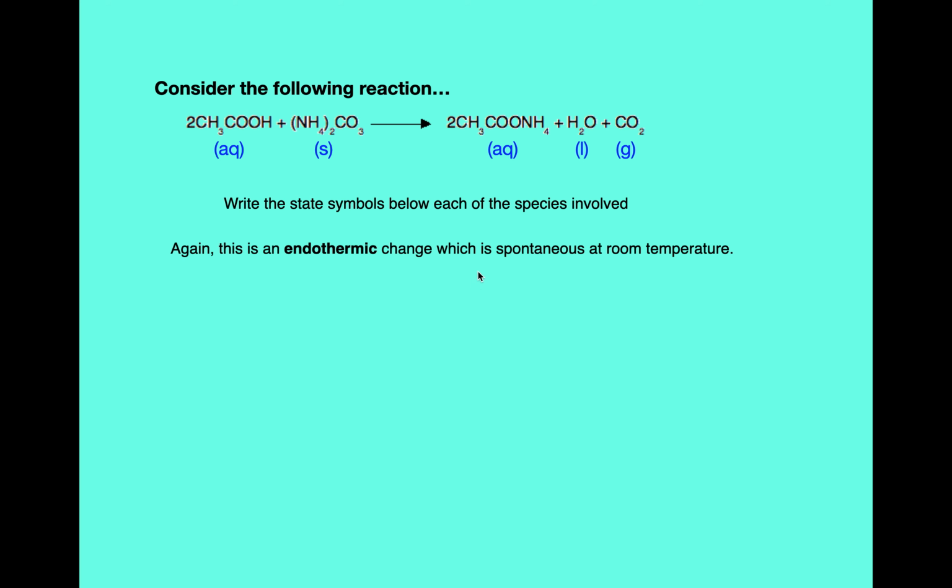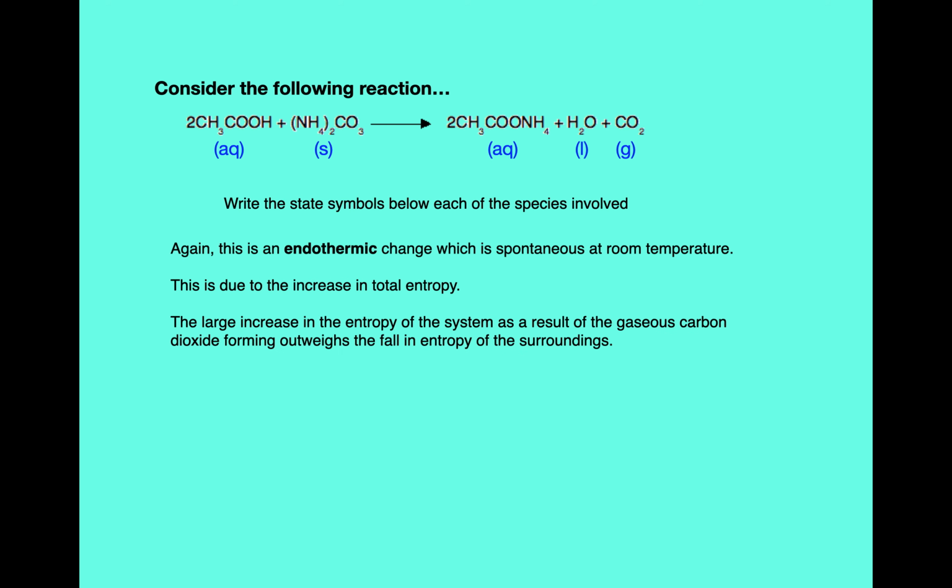This is an endothermic change, but it is spontaneous at room temperature. Okay, and for that to be true, obviously we have to have an increase in the total entropy. So there's a large increase in the entropy of the system, and that's because of the gaseous carbon dioxide forming, and that outweighs the fall in entropy of the surroundings.